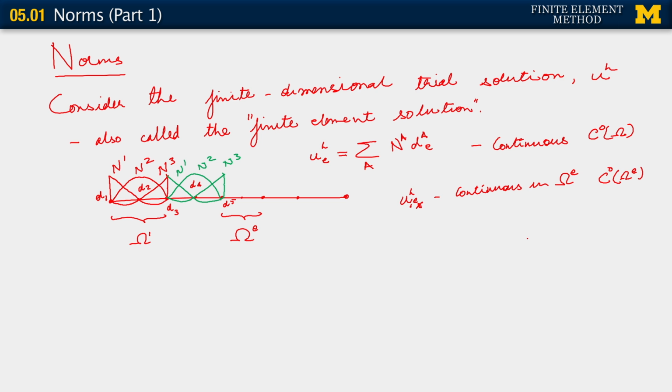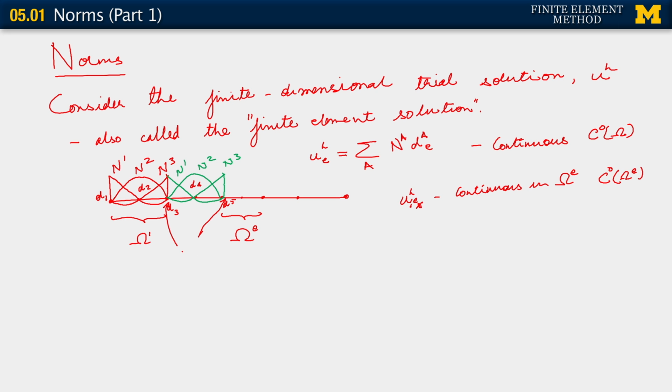Is the derivative continuous across the domain? In general, well, not in general, the derivative indeed is not continuous across the domain. In particular, there are points of discontinuity in the derivatives at element edges, like there and there.